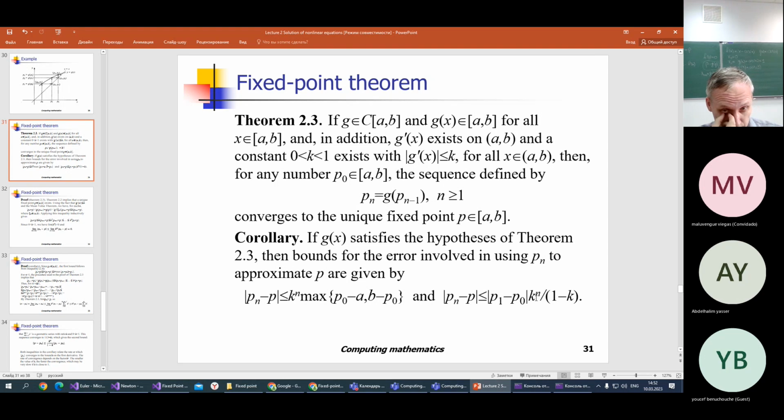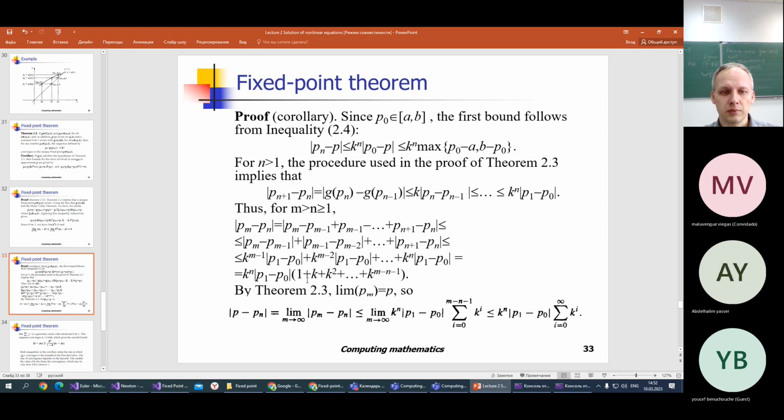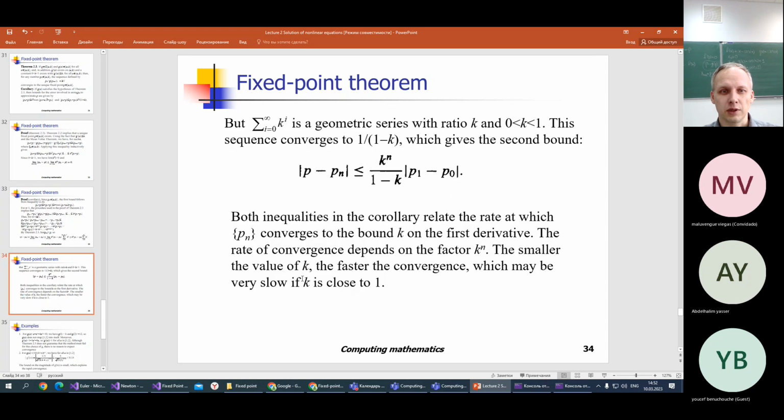These two inequalities give us the bound for the error. I skip the proof of the theorem, and also the proof of the corollary.